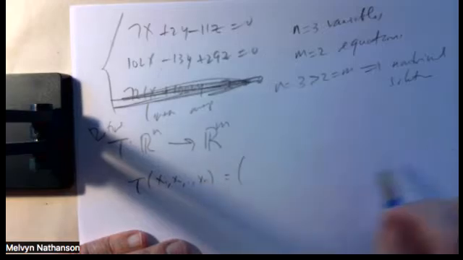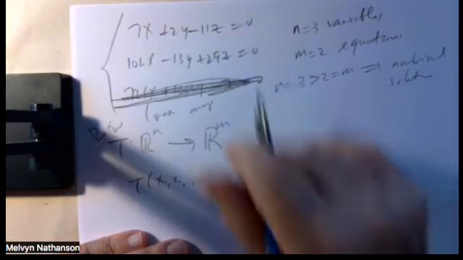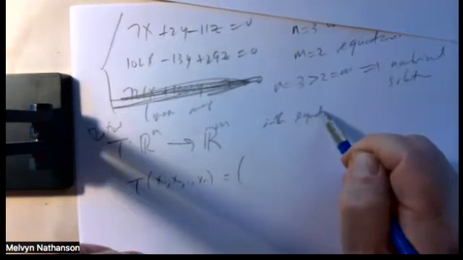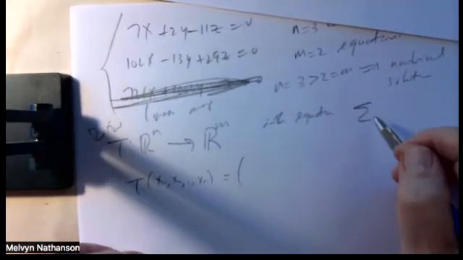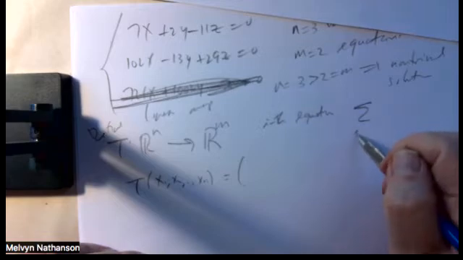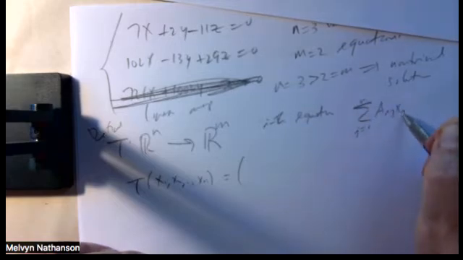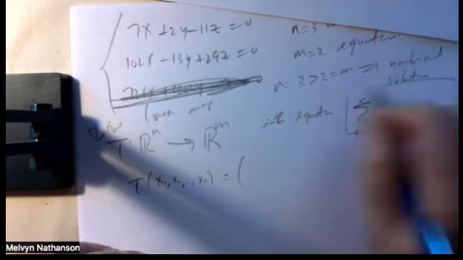So this has to be a vector with m coordinates. Remember, this was my system of linear equations. The ith equation in that system was summation j goes from 1 to n, aij xj equals 0.